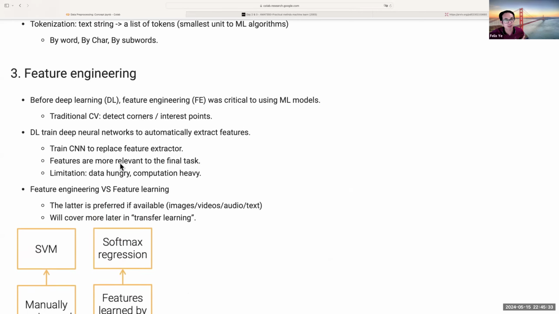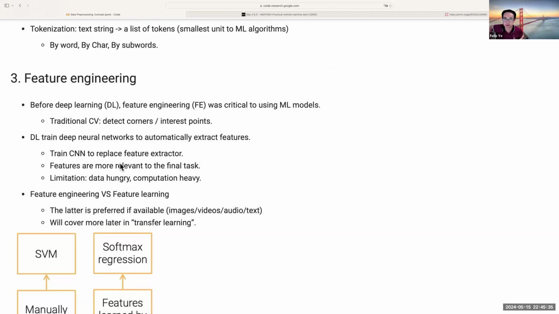All right, the third part is feature engineering. Feature engineering is very, very crucial. In a lot of cases, you will see tens and tens of thousands of features. In fact, in the house sale problem, we have almost 2,000 features.